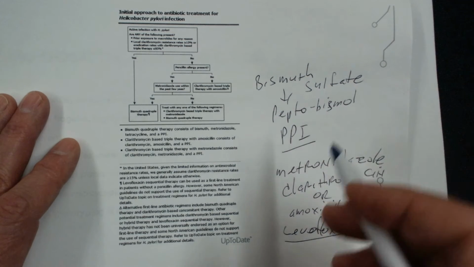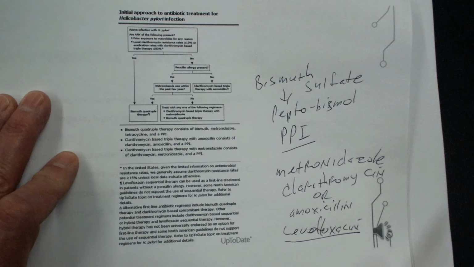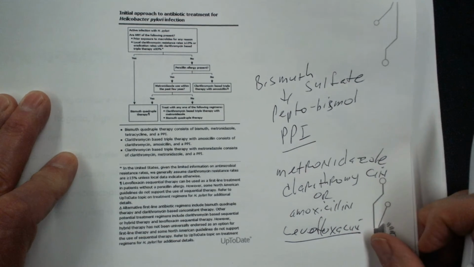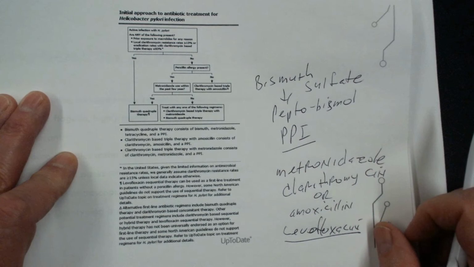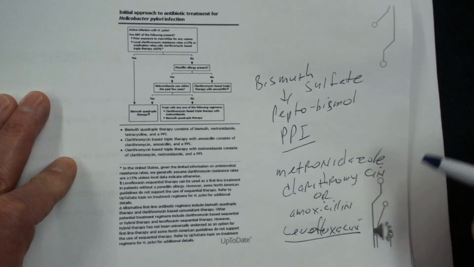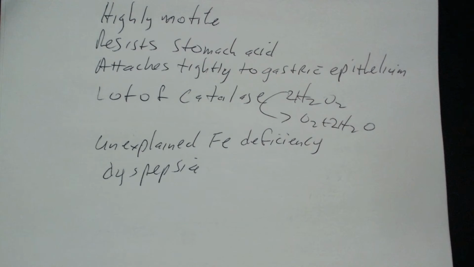So triple or quadruple treatment is usually for about 2 weeks. And that is Helicobacter pylori.